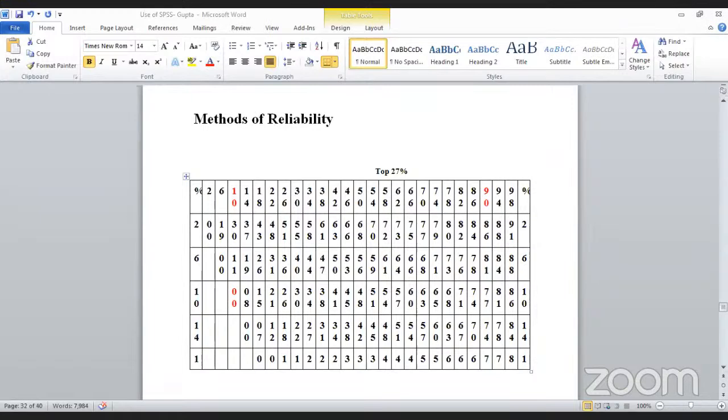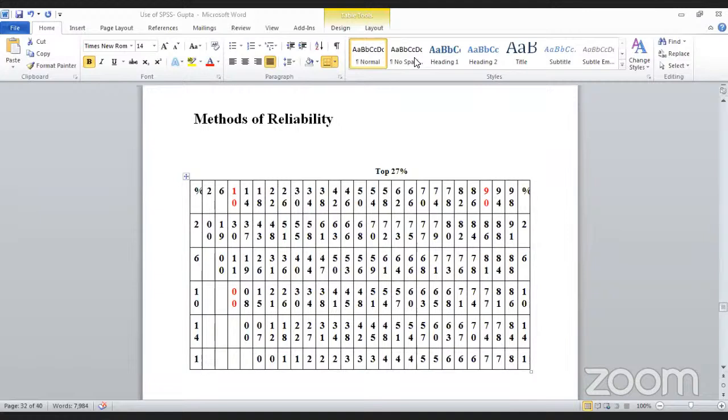Can you tell me what is the value? Now, even if you do not see the table, if an equal number of people from the top and the bottom are answering the question correctly, that means that question is not difficult.